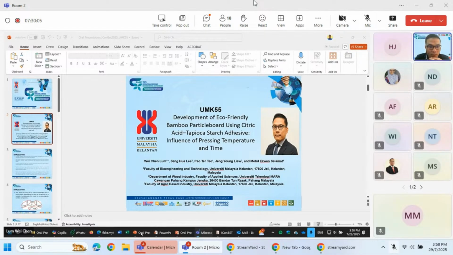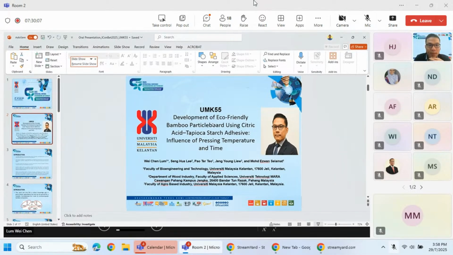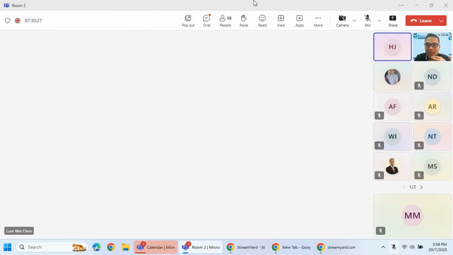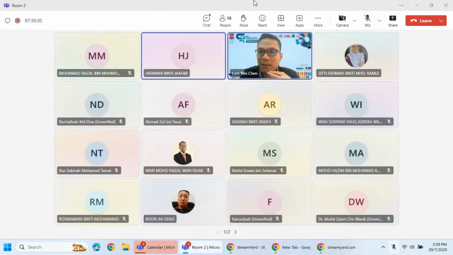Can you see it now? No, nothing on the screen. Others also cannot see the slide.